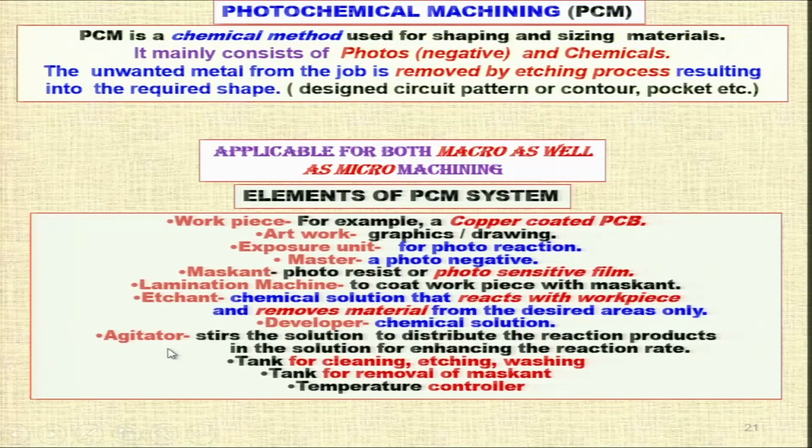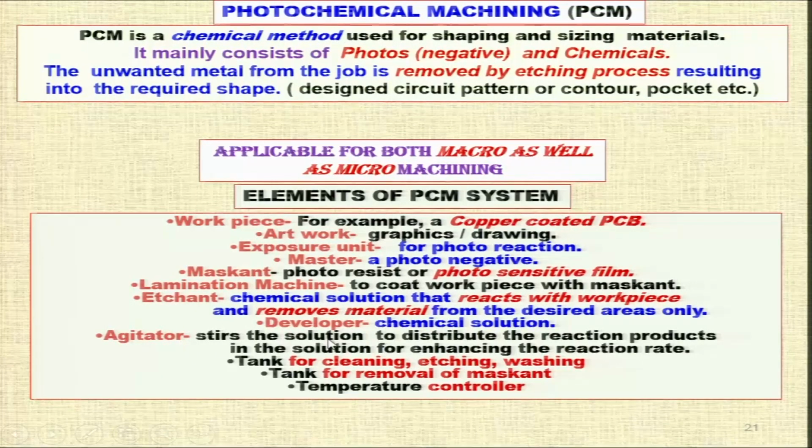Agitator, as I have mentioned earlier also a couple of times, stirs the solution to distribute the reaction product. This is very important to distribute the reaction product, otherwise you are not going to get uniform machining and the desired dimensional tolerances on the component.